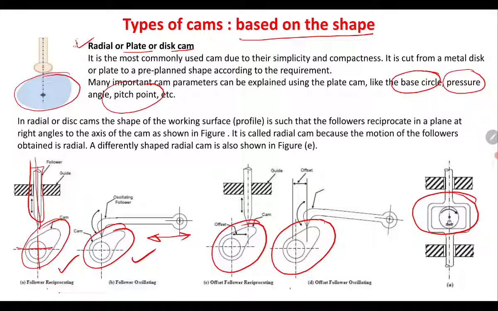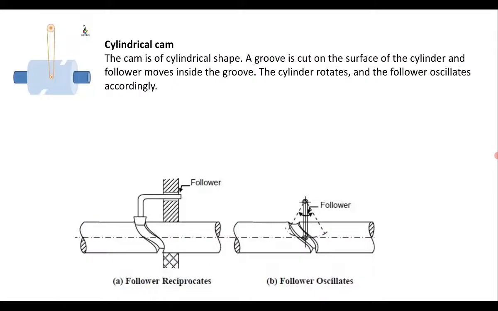In this category the axis of the follower and the axis of the cam are at a certain distance from each other. Here, the axis of the cam as well as the axis of the follower are intersecting each other, but here the axes are at a certain distance. So by this nature we can have an idea about the structure of a radial or plate or disc type of cam.